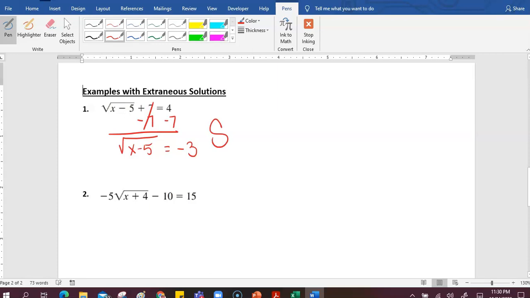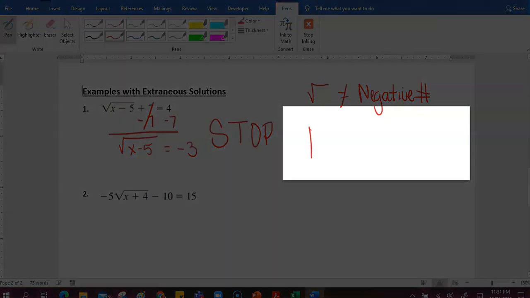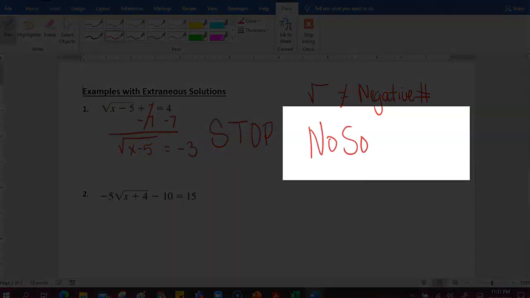Well, at this point, I can just stop, because the square root of anything can never be a negative number. So therefore, this is impossible. So the answer here is no solution.